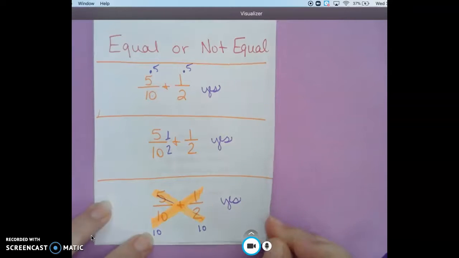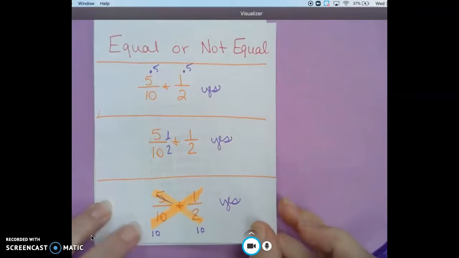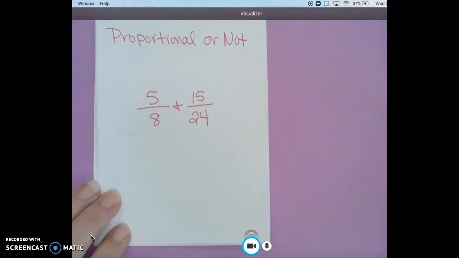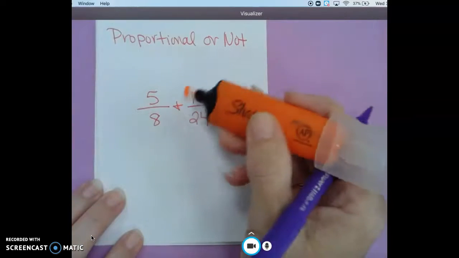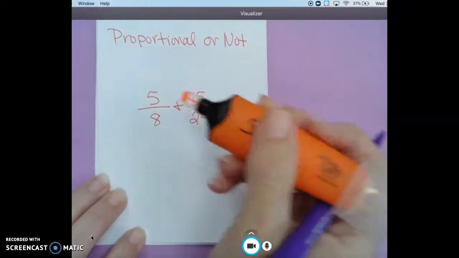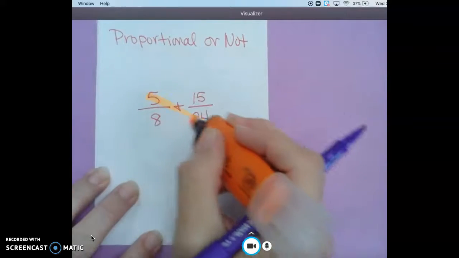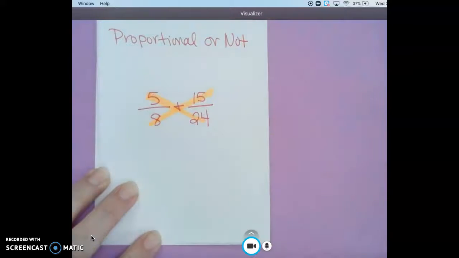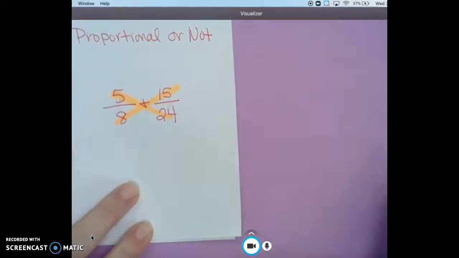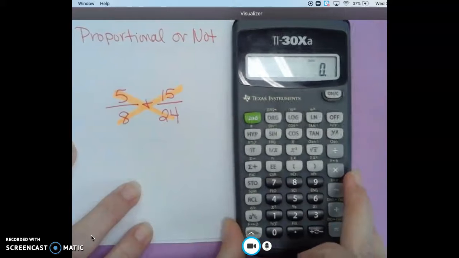So today is going to be just determining, are my two proportions equal or are they not equal? I'm not going to go through and divide all these out or try to simplify fractions. I'm going to stick with the diagonal method, so I'm going to look at both diagonals. Most of these numbers are a little bit bigger than we can do in our head, so a calculator's fine.